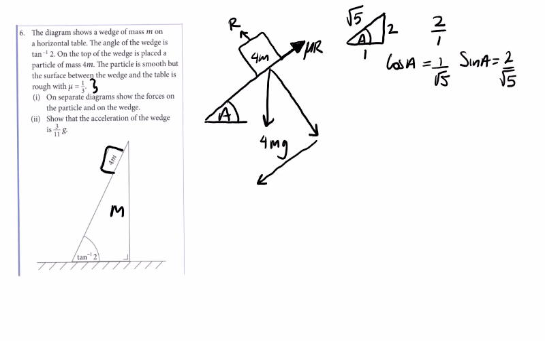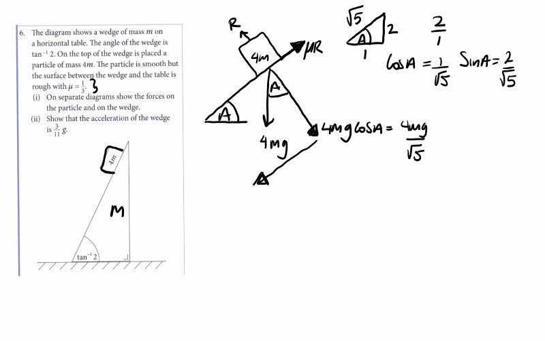So in this direction down here, we have adjacent to A, so we're 4mg cos A, which is equal to 4mg over root 5.